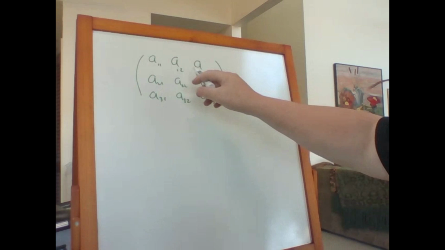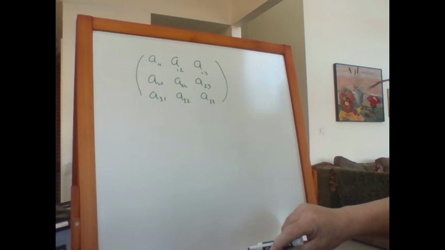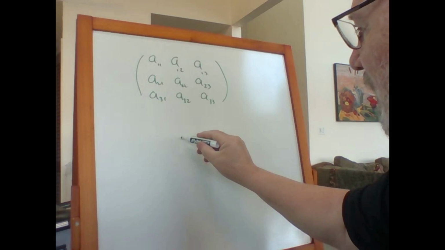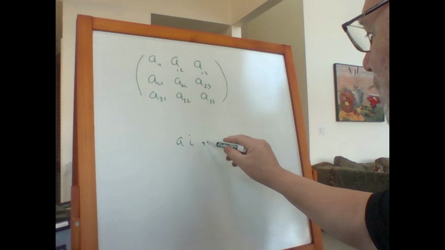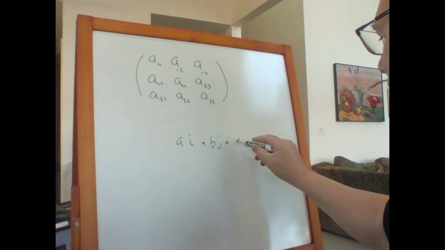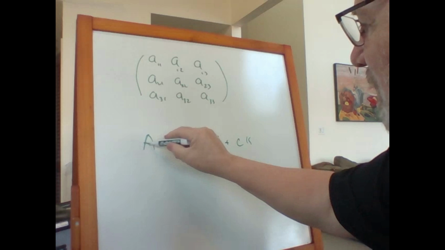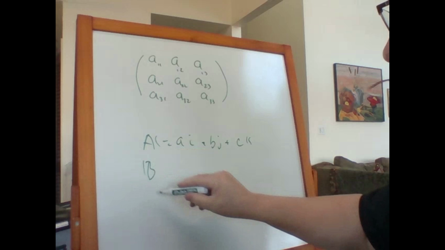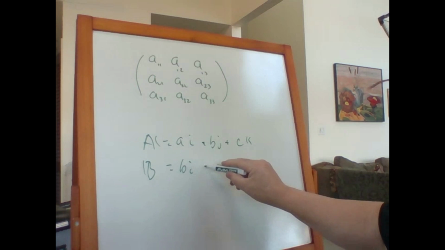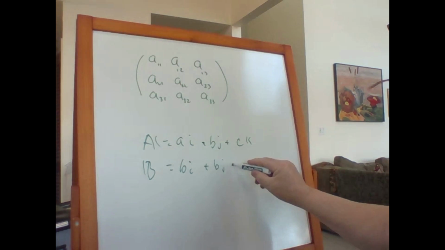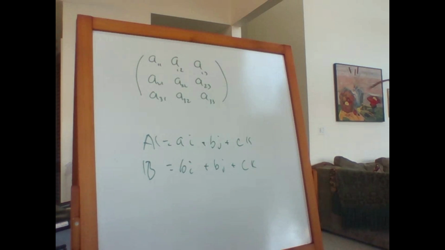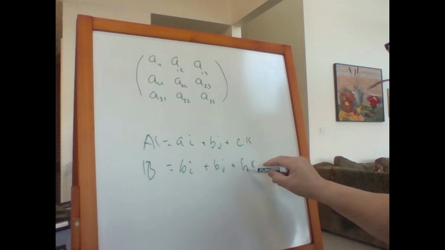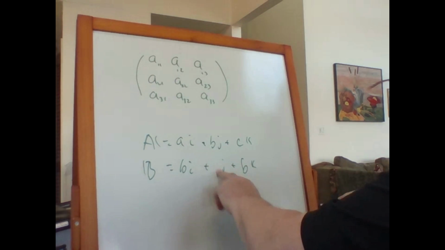And you can see how something like this could also represent vectors, because remember how we had vectors like ai plus bj plus ck, and that would be some vector A. And we could have another vector B equals di plus ej plus fk.